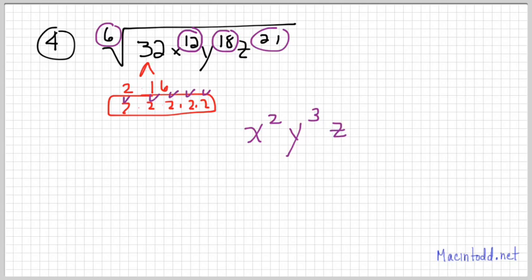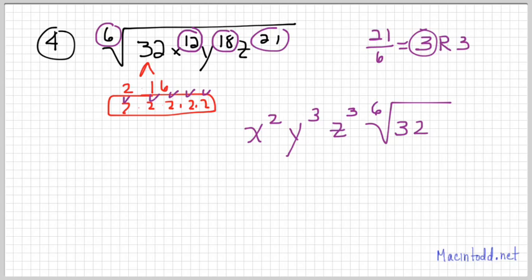I'll have a z to the, let's look at 21 divided by 6. It goes in there 3 times, giving me 18 with a remainder of 3. Okay, so the 3 that it goes into it is what comes out. My 32, remember, did not have 6 of a kind in it, only had 5 2s, so it stays in. And the remainder of 3 is on that z that I had left over.